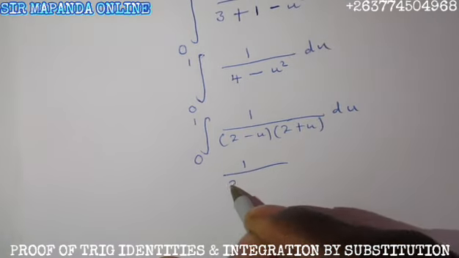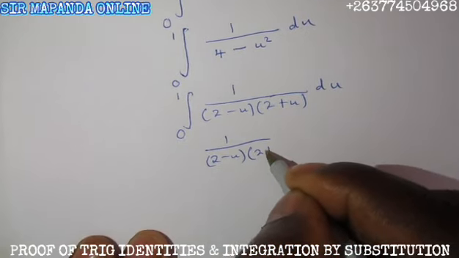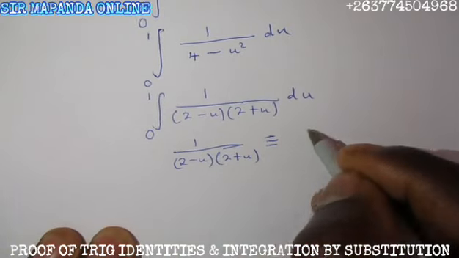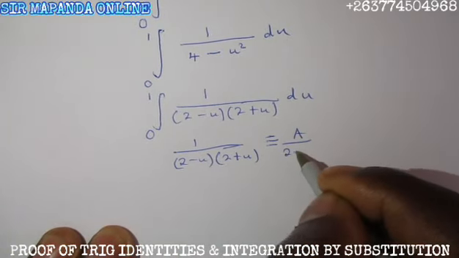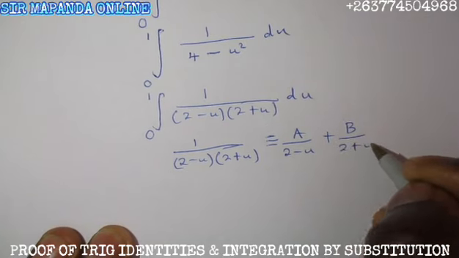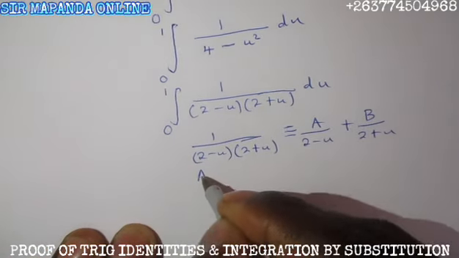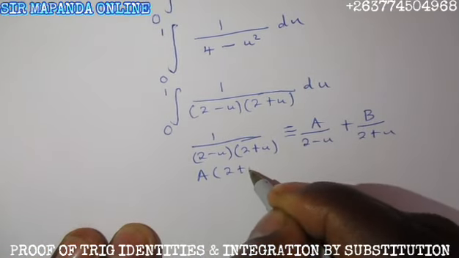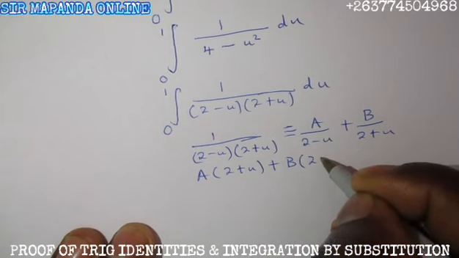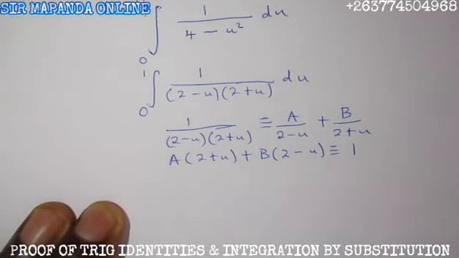So 1 over 2 minus u, 2 plus u is identical to a over 2 minus u plus b over 2 plus u, something like this. So a open bracket 2 plus u plus b open bracket 2 minus u is identical to 1.